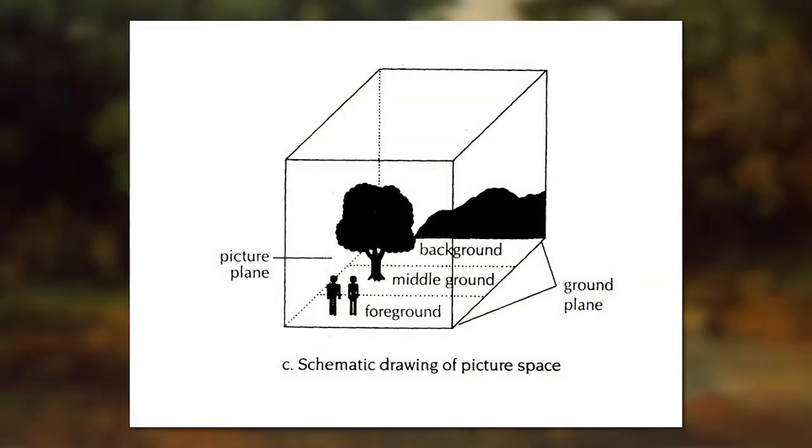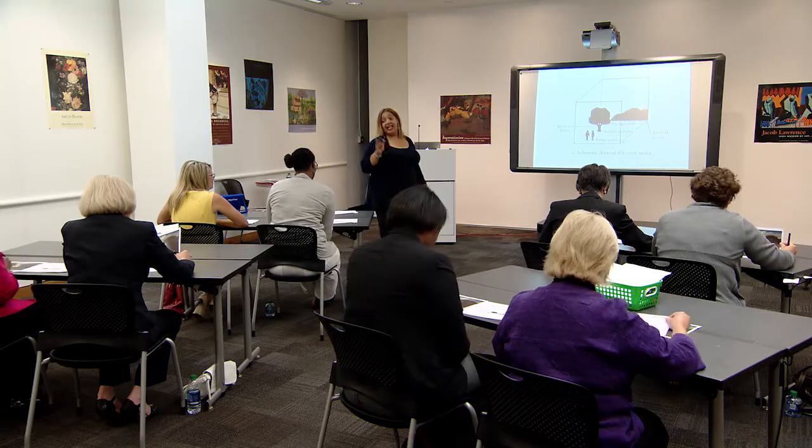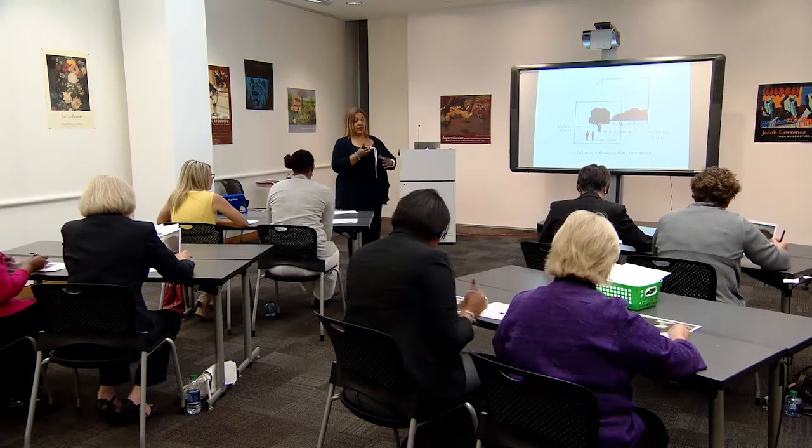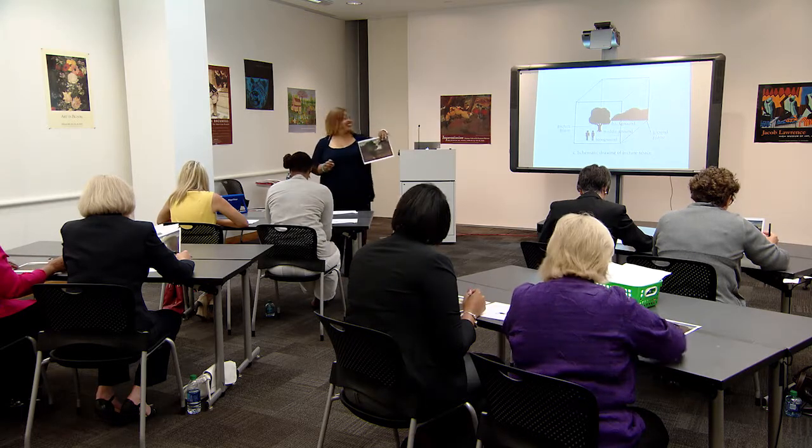And so the graphic that you have here just helps you to remember where the foreground, middle ground, and background are. And those are called planes, okay? So you may hear me use plane interchangeably with area. Does that make sense? All right. So what I'd like for you to do is a 30-second look at the art. What do you notice? All right.